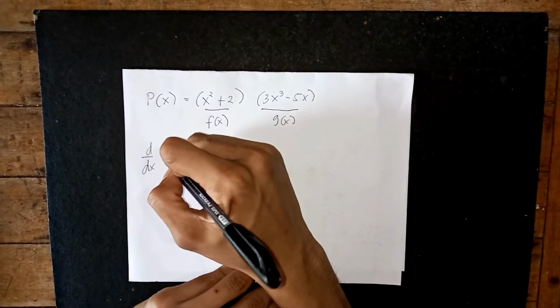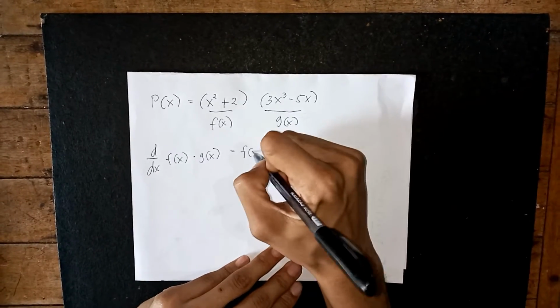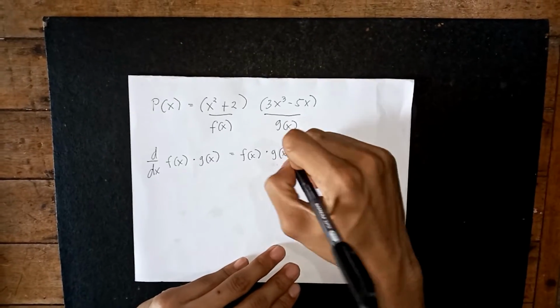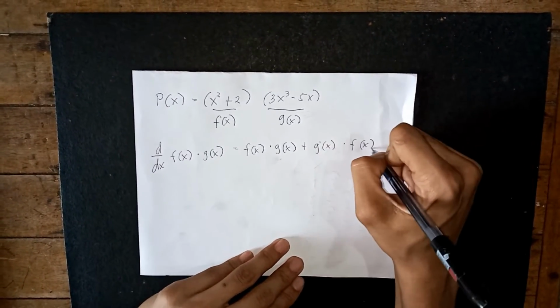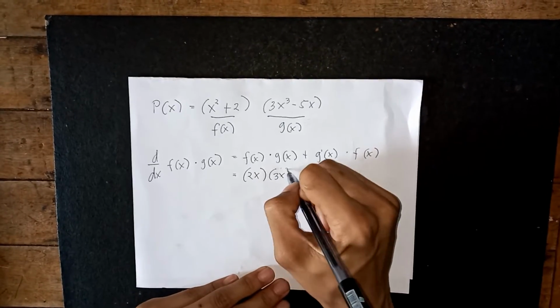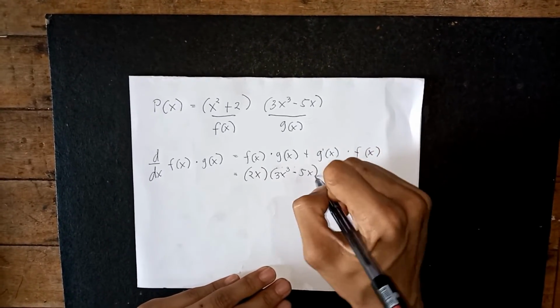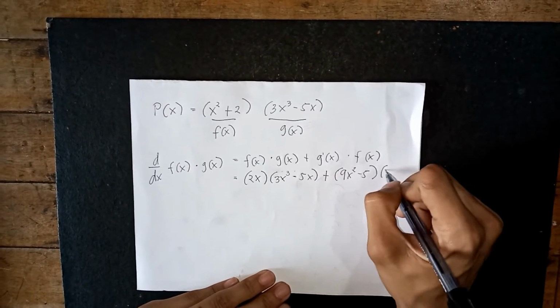To get the derivative, it is the derivative of f of x times g of x plus the derivative of g of x times f of x. So we have 2x times 3x cubed minus 5x plus 9x squared minus 5 times x squared plus 2.